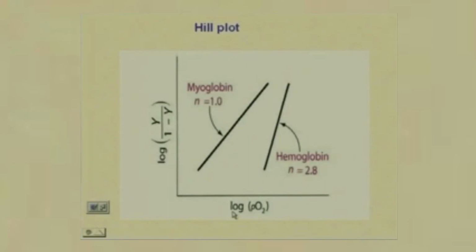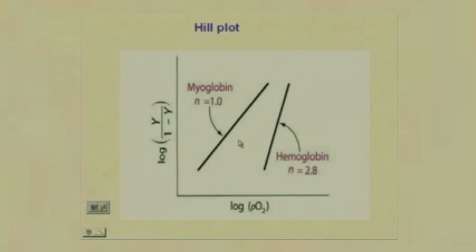Substrate concentration is measured by the partial pressure of oxygen in this case. So, when we have log Y by 1 minus Y, what do we get? For myoglobin, we get N equal to 1, and for hemoglobin, we get N equal to 2.8. Okay? This is the Hill plot, and these values are called the Hill coefficients.